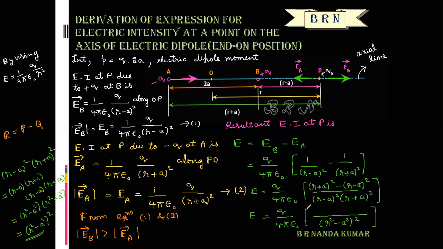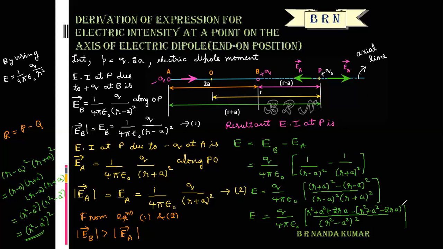So (r plus a) whole square is r square plus a square plus 2ra, so minus of (r minus a) whole square is r square plus a square minus 2ra.